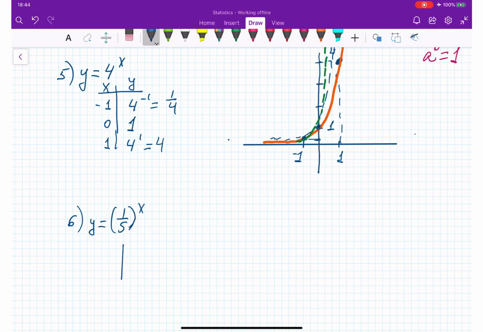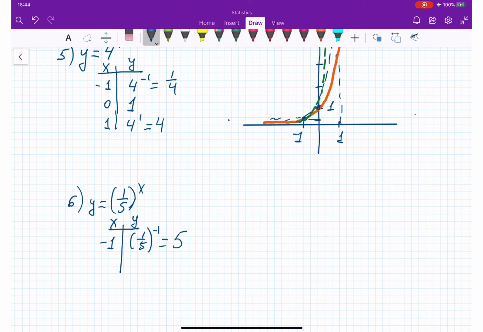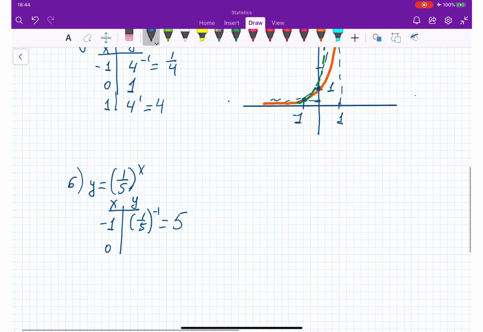So this is x, this is y. When x is -1, y is equal to 1 over 5 to power -1, which will be 5, right? Because we flip it. When it's 0, it doesn't matter what base it is, it's going to be 1. And when x is 1, we are getting 1 over 5.